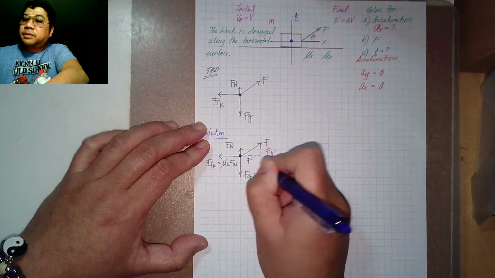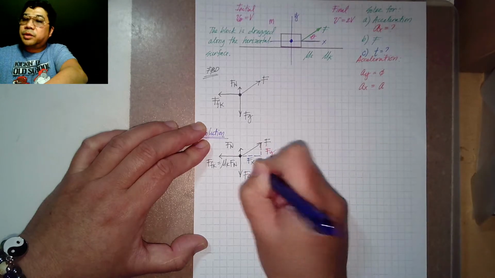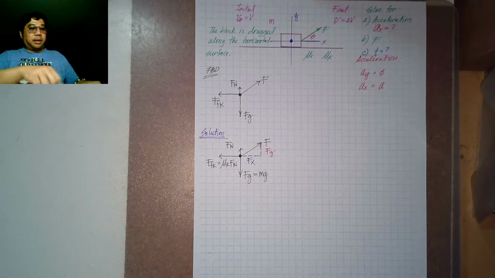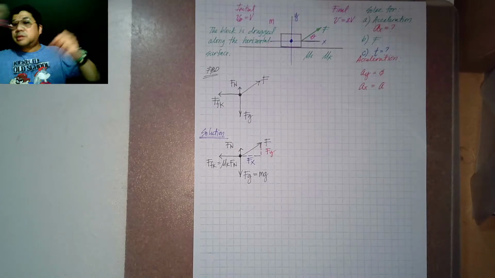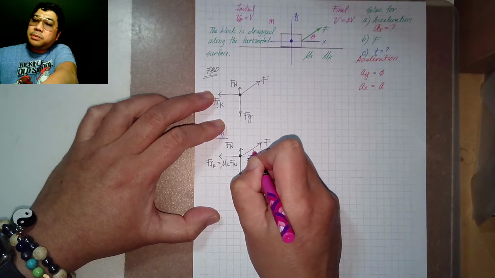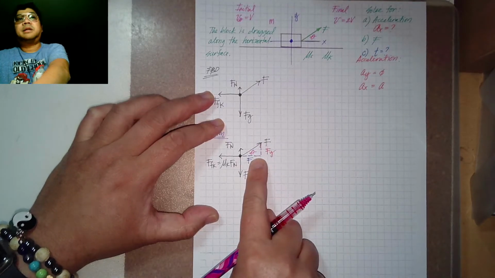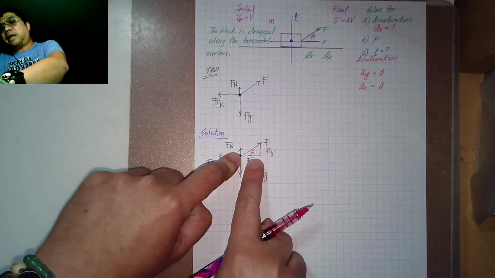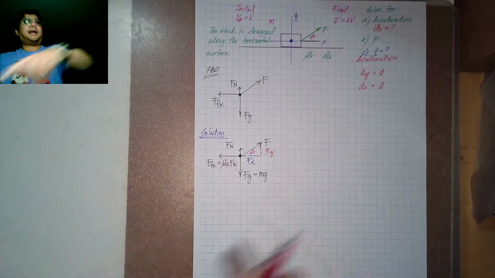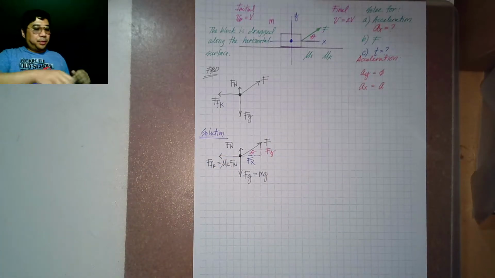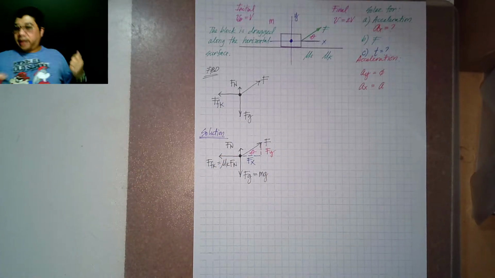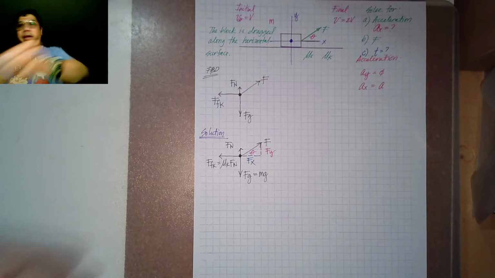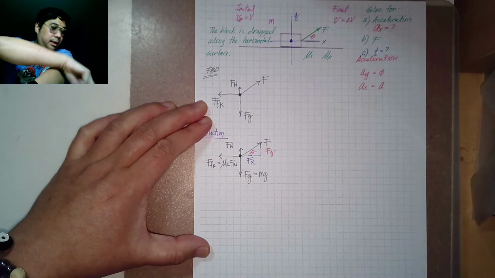F of x. Again, let me just reiterate that it is measured along the x-axis. So if the angle is in between the x and the force applied, then we have to use sine for y, and cosine for x.